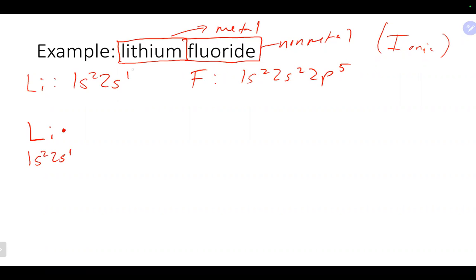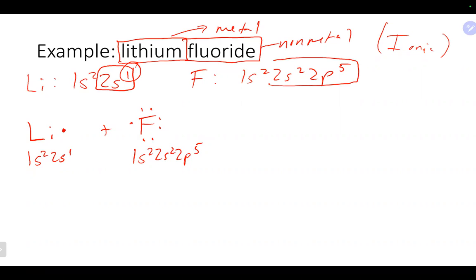That is the 1 valence electron we're talking about. And fluorine has 7 valence electrons because it is group 7, with the configuration 1s2, 2s2, 2p5. The 7 valence electrons are the 2 and 5 that come from there.